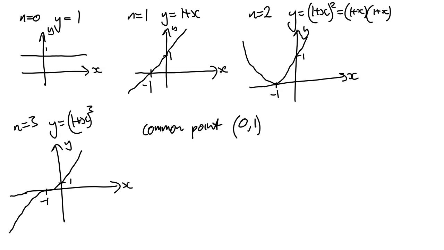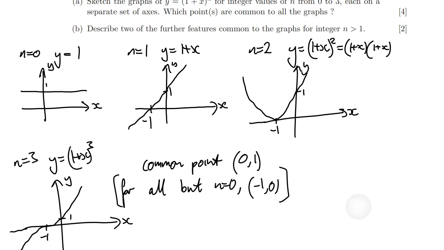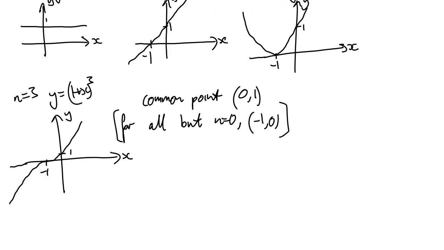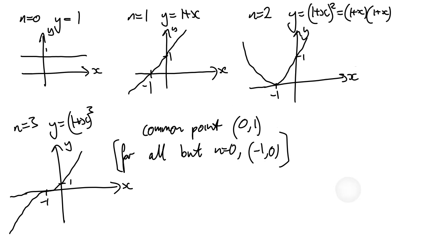And then also, for all but n equals 0, we've got the common point minus 1, 0 as well. But I guess, technically, if we're being really pedantic, they're saying which points are common to all of the graphs, which is why I've put this in the square brackets, because you wouldn't want to drop marks for that, because you clearly know that it's for all but n equals 0.